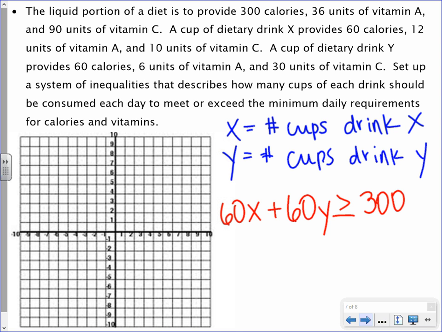We need 36 units of vitamin A. So let's pick out all of the pieces of information that concerns vitamin A. So how much vitamin A is in X? So 12X plus how much is in Y? 6Y, and that needs to be greater than or equal to 36.